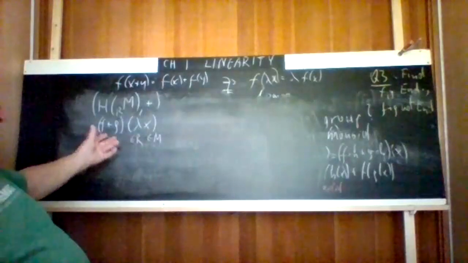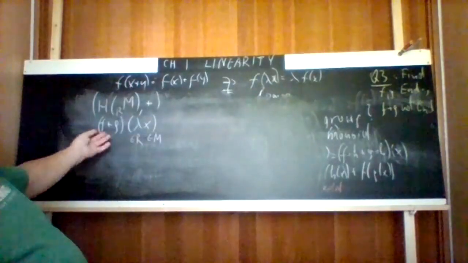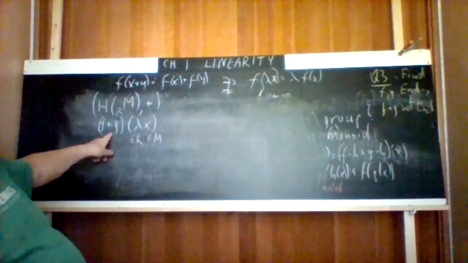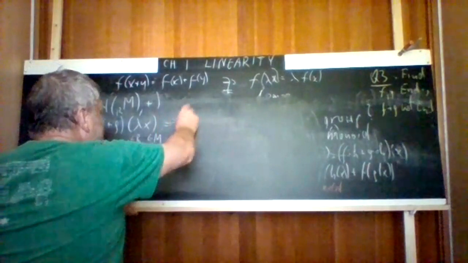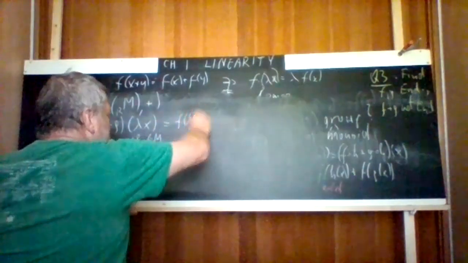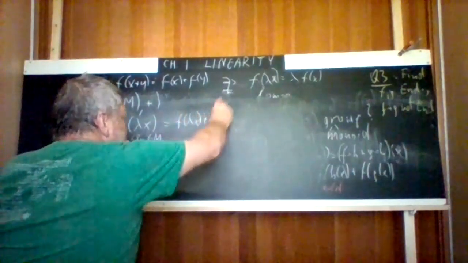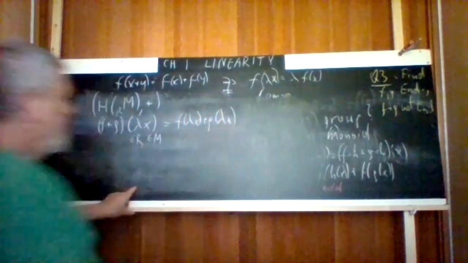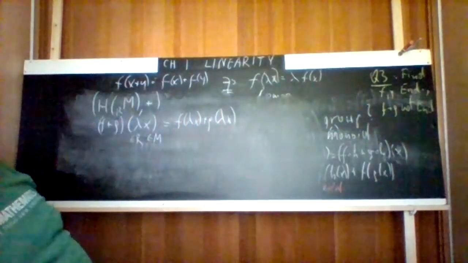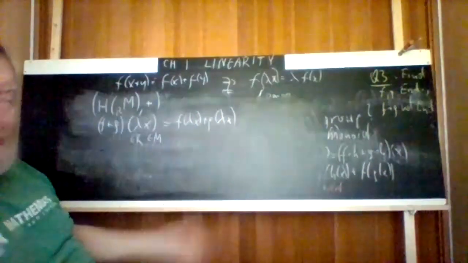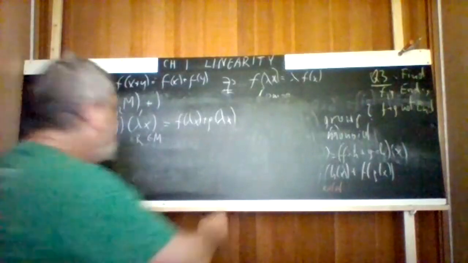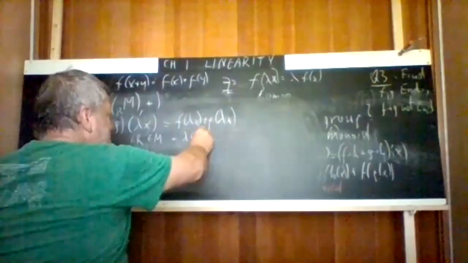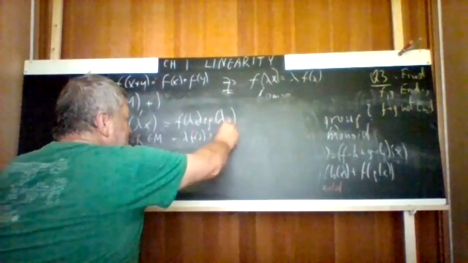Okay, so what can we do now? The first thing is we have the definition of addition here. And by definition, it's just f of lambda x plus g of lambda x. And now things turn out to be easy. It's running by itself to write this as lambda f of x plus lambda g of x.